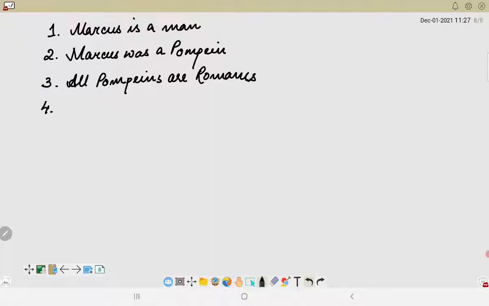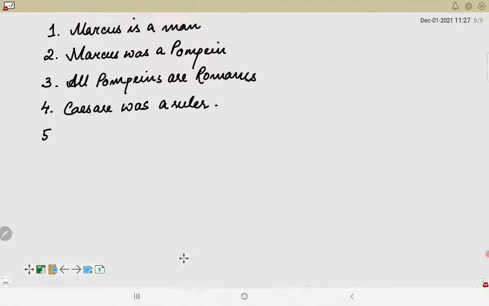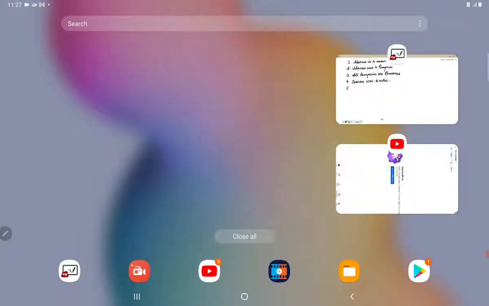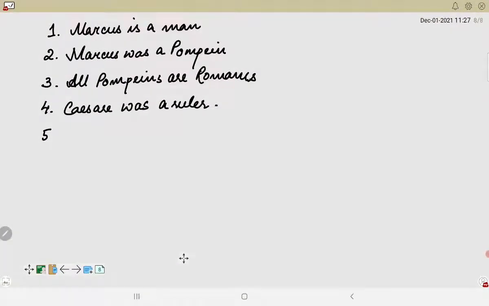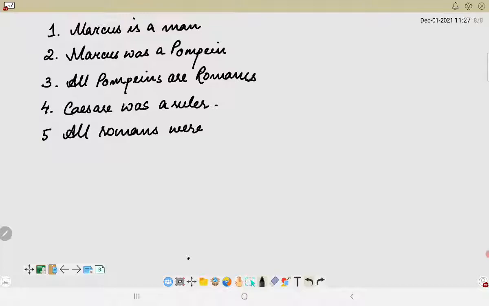The fourth sentence is Caesar was a ruler. The fifth sentence is all Romans were either loyal to Caesar or hated him.